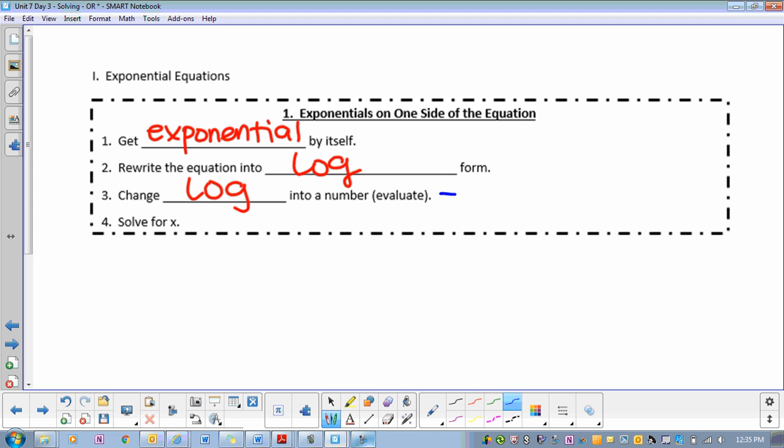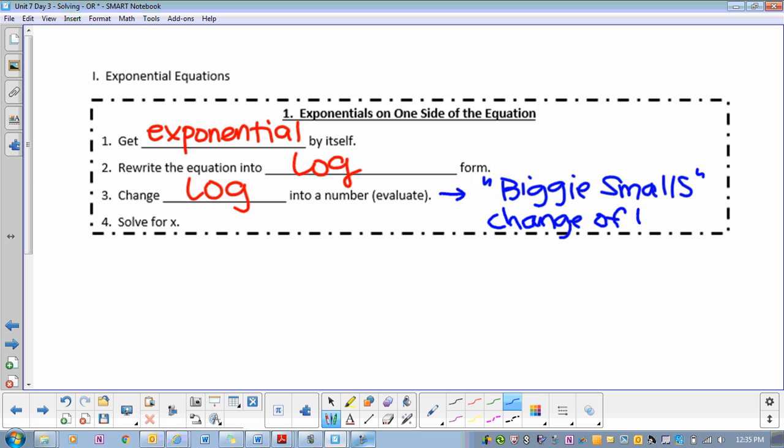And here is probably where you're going to do your change of base. Sorry, it's just the words. But when you see the type of problems, it'll make more sense.